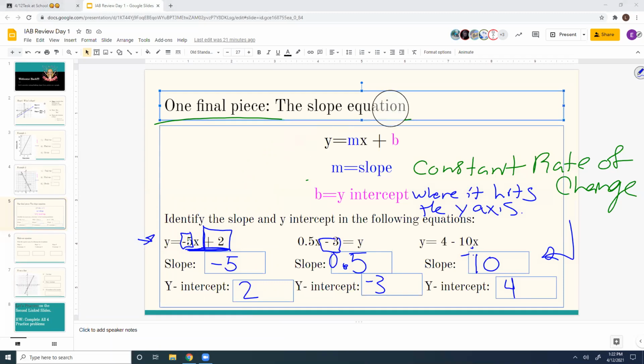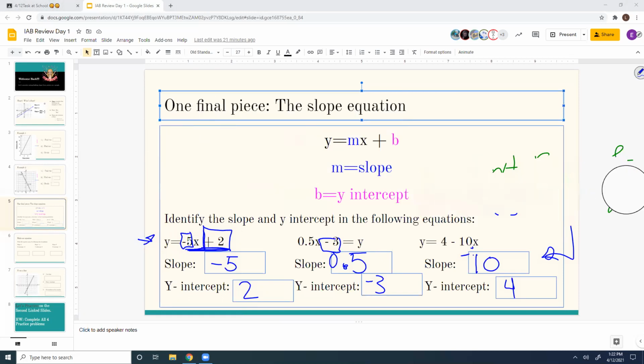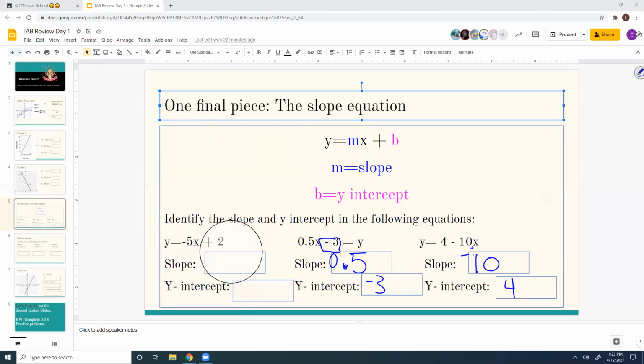But no matter the order, the slope is always going to be the number attached to our x, and our constant or y-intercept is always going to be the number all by itself, nothing else attached to it. Nice, good point to make, Bridget.